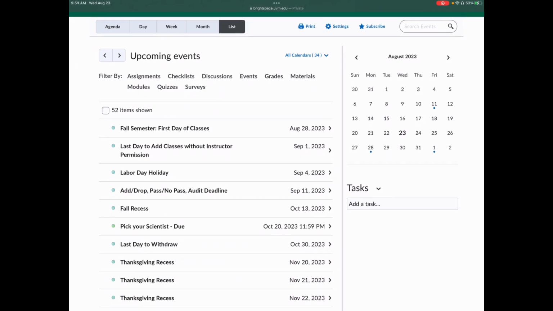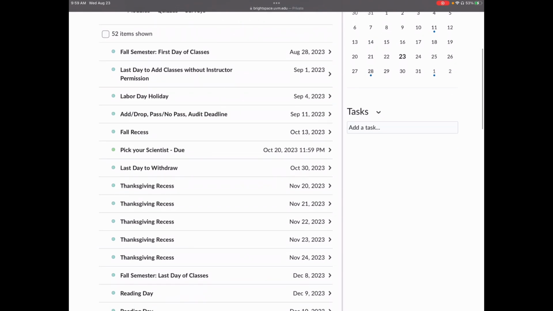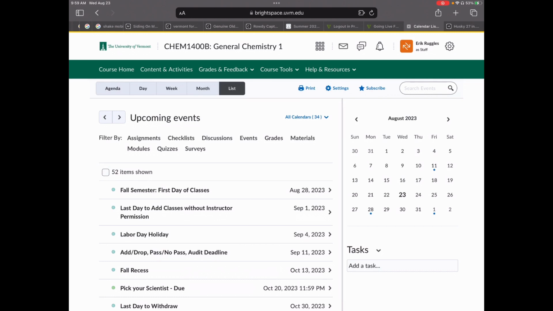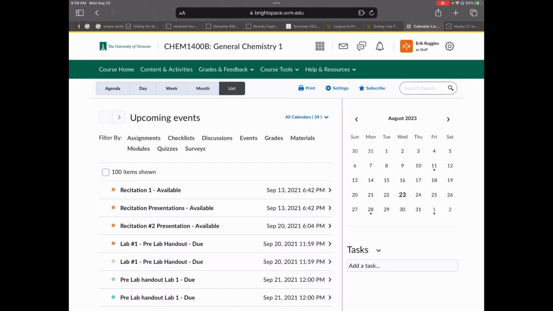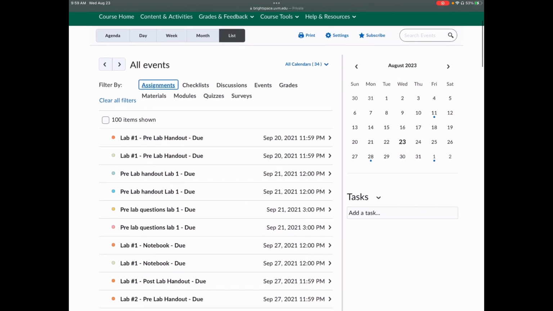Here are some assignments in green, like pick your scientist. Also some fun things like Thanksgiving recess. So you have your calendar that you can go through and decide how you want to filter it. If you just want to look at what assignments are coming up, you just click assignments. And so here are, well, I'm going to have to get rid of the labs.